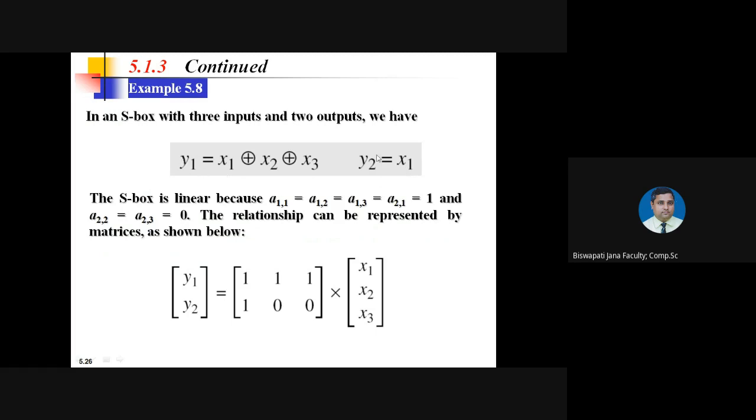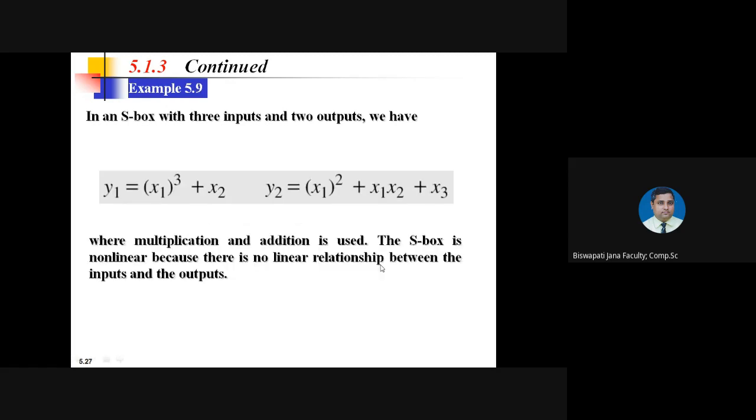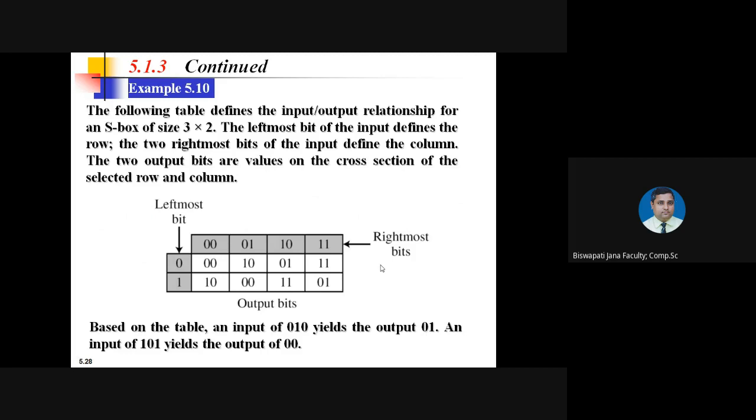So y1 and y2 are the two output values that come from the three inputs x1, x2, x3. For these cases, you can simply use matrix multiplication. So these are the substitutions.